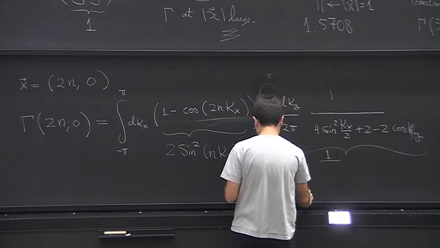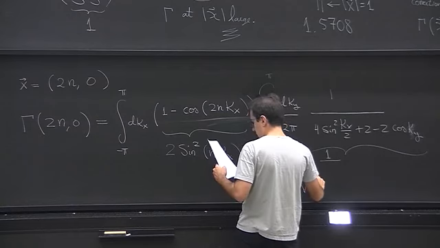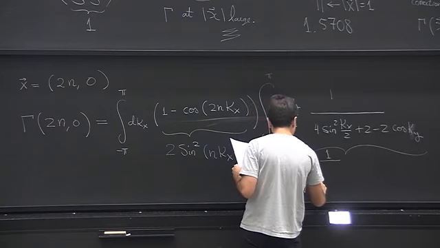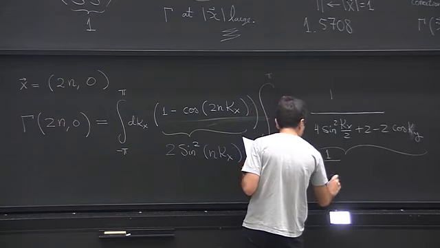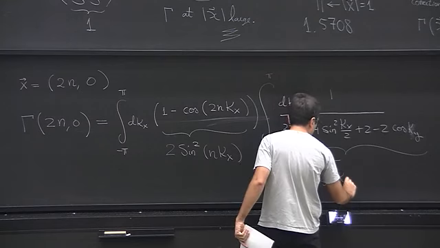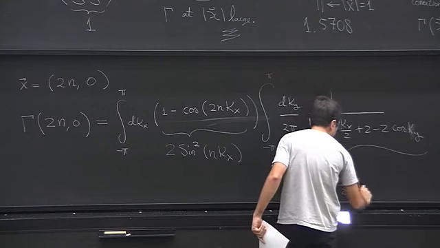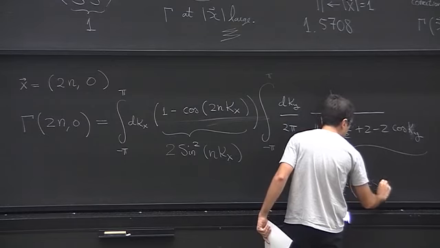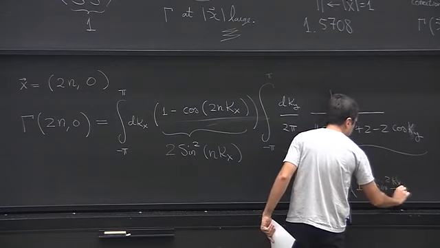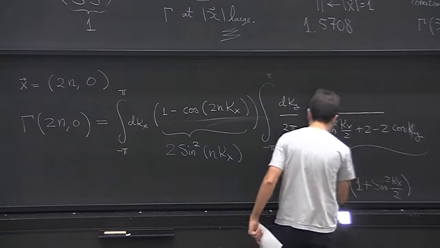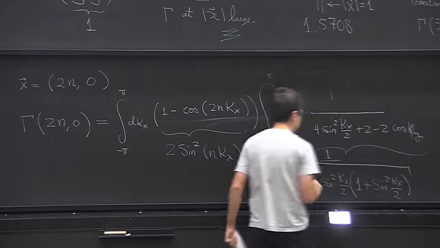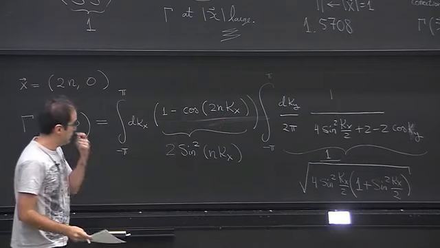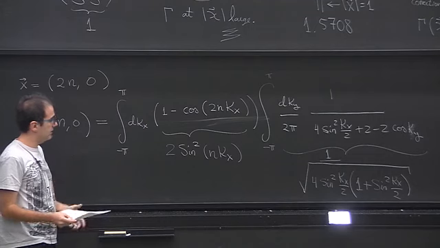It gives 1 over square root of 4 sine square of kx over 2 times 1 plus sine square of kx over 2. That's the result it gives. So let's explain why this integral gives this.